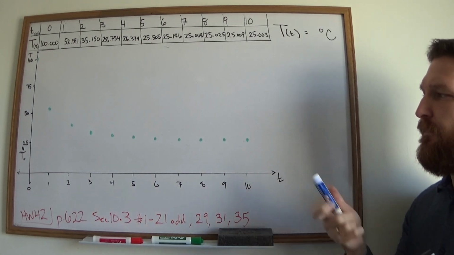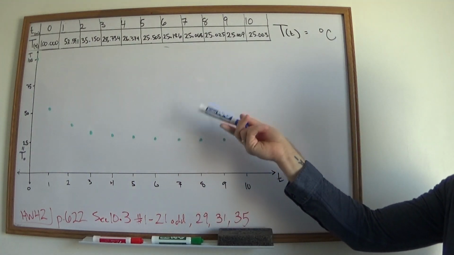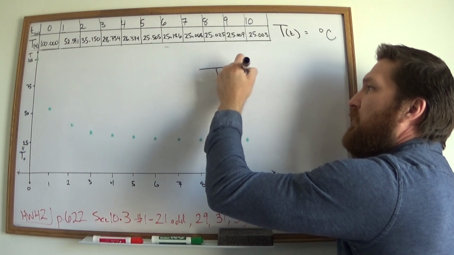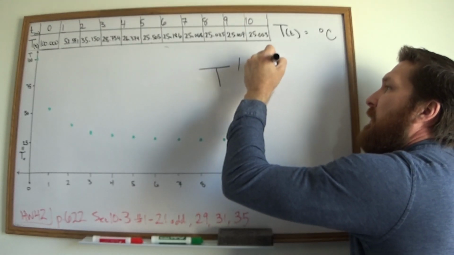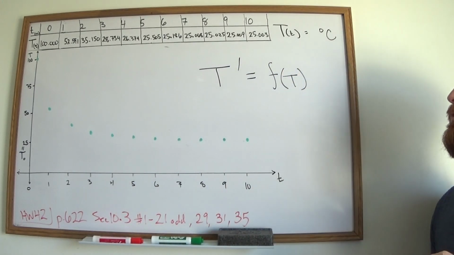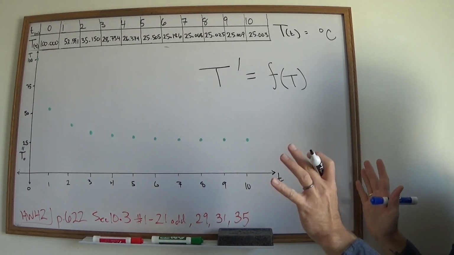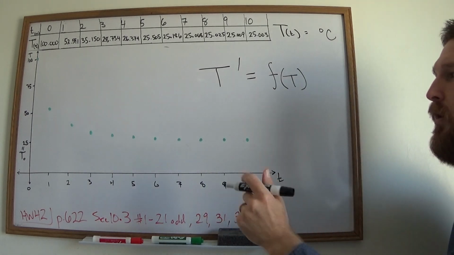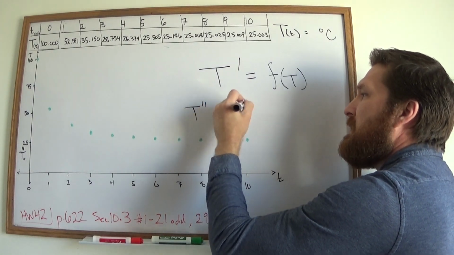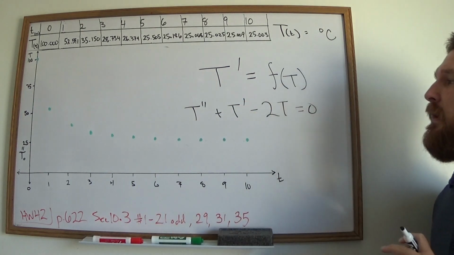Because if the derivative determines where a function goes, and we have some differential equation involving T, and notice there are a lot of different ways that differential equations could go, like you might have T double prime plus T prime minus 2T equals 0.